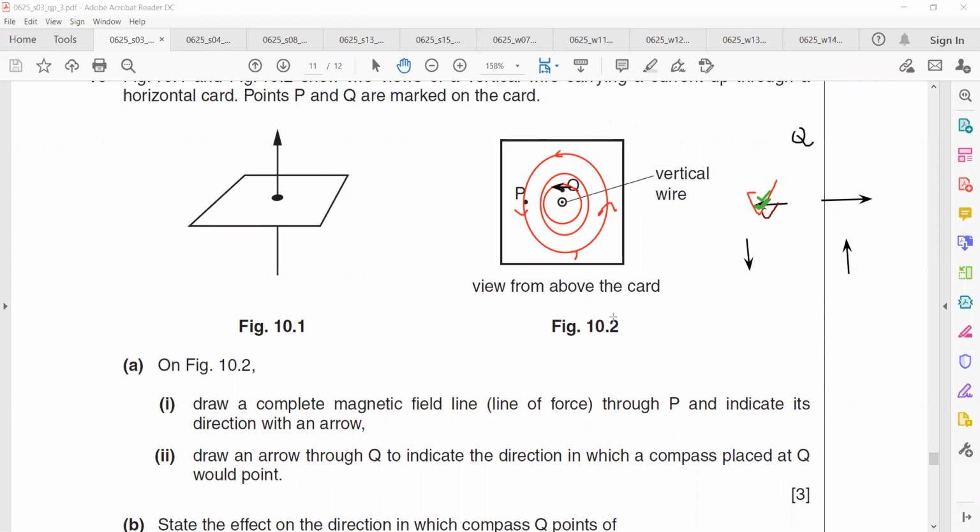So this is worth 3 marks. 1 mark is for drawing the field lines, and the second mark is for showing the position of the compass needle when a compass is placed at position Q.